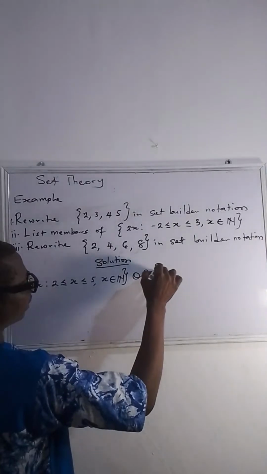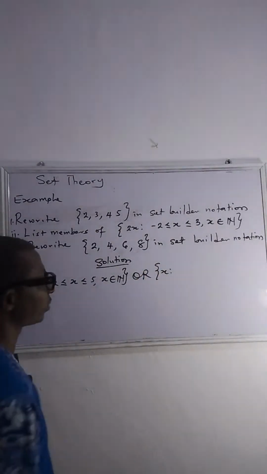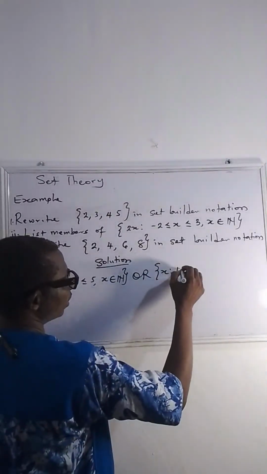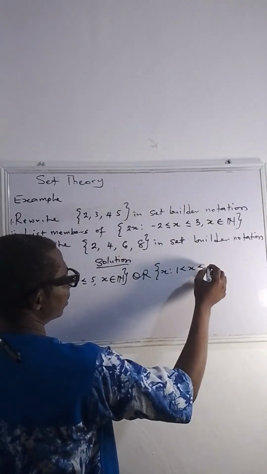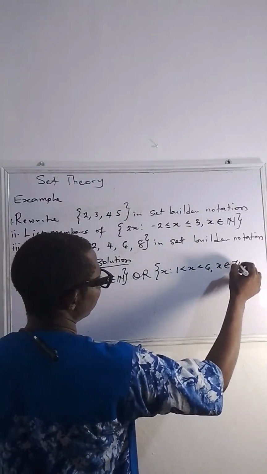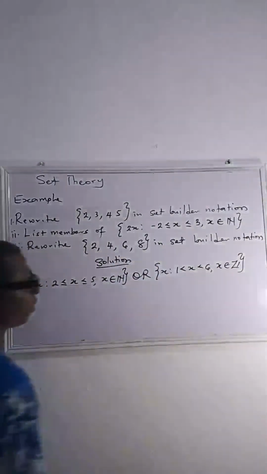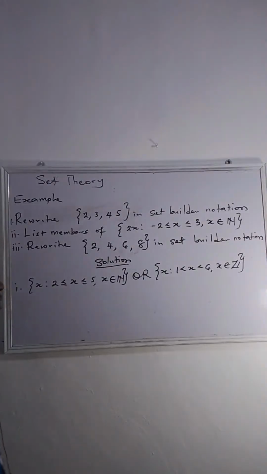Or I write the set of x such that 1 is less than x, less than 6, where x is contained in integers. So you have several ways of writing it. That is the answer to the first one.